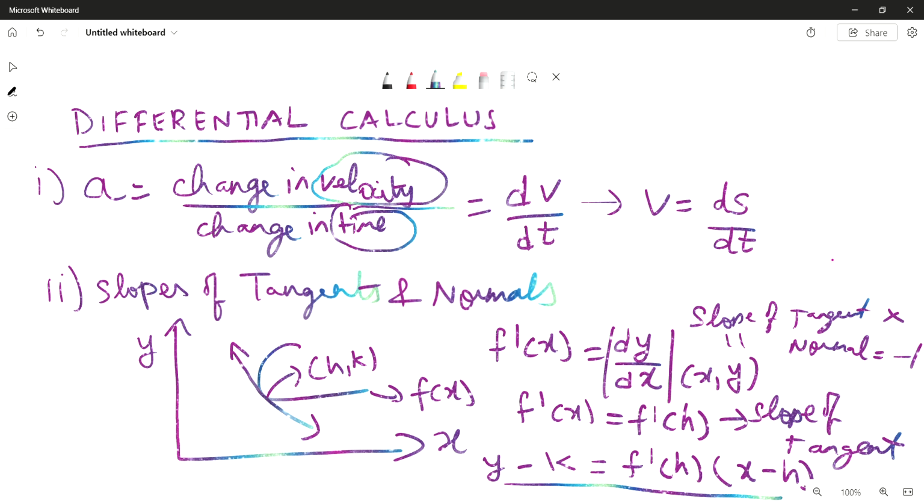Assuming you know this already, the slope of the normal, m of normal, is minus dx by dy, or in this case it is minus 1 by f dash of h. After you find the slope of the normal, we can easily find the equation of the normal.